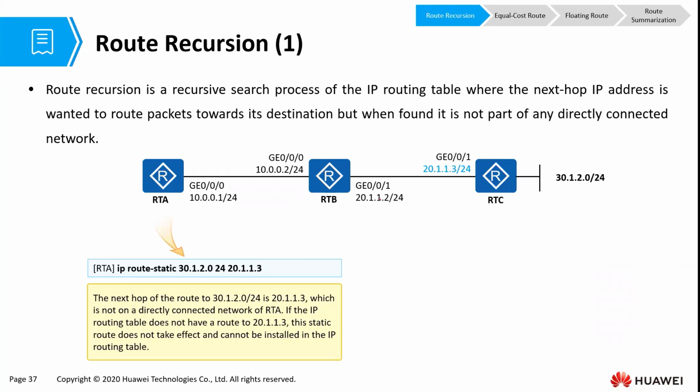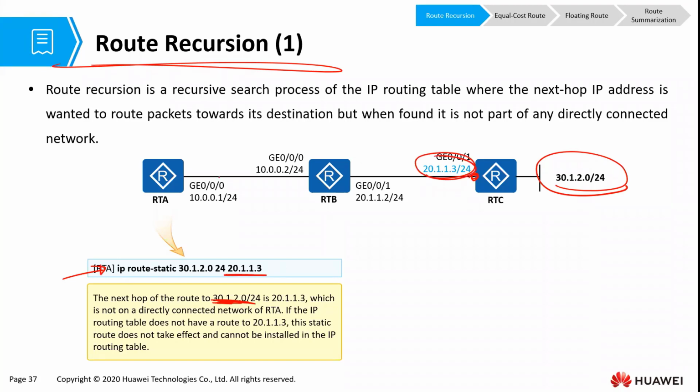I told you about route recursion already. Route recursion is a case where, for example, to reach that network, the next hop is this one. What happens in that case? The router checks its routing table and sees the next hop is this one. But the next hop is not directly attached.